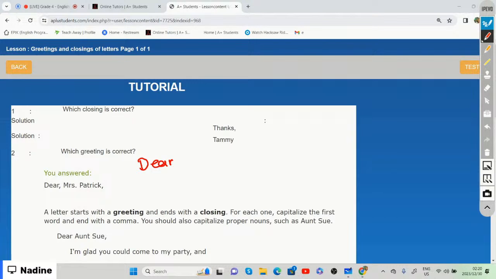When we're greeting, we say Dear and the person's name or the person's surname, depending on how you greet that specific person.